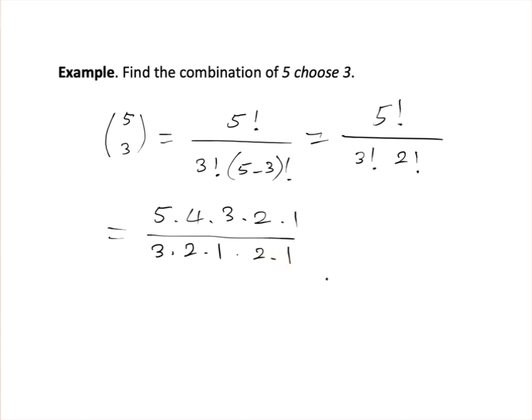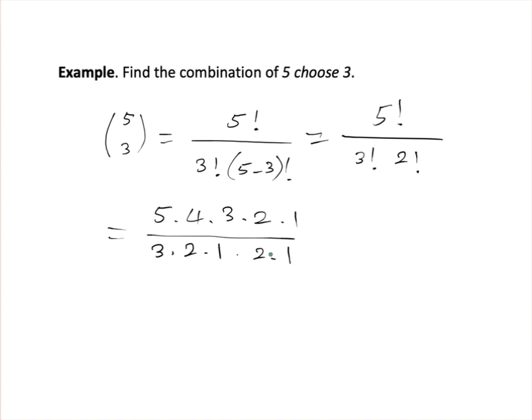So now we can simplify. It's much easier not to multiply out the numerator and multiply out the denominator and get 2 big numbers and then divide big numbers. That's not a smart way to do this. The smart way is to divide first before you multiply. So notice that I have a 3 times 2 here, times 1.